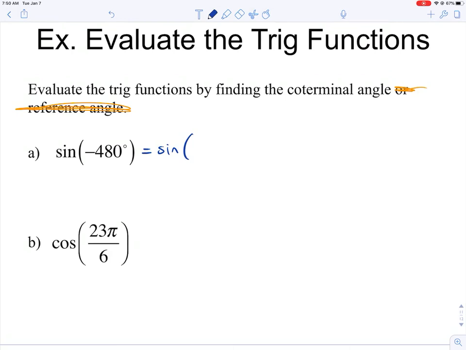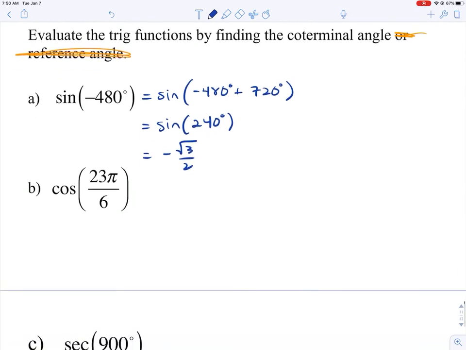Negative 480 degrees is a negative angle. If we add 360, we're still in the negative. So let's add 2 times 360, which is adding 720 degrees. So sine of 240 degrees, well, 240 degrees is on the unit circle, and that's equal to negative root 3 over 2.